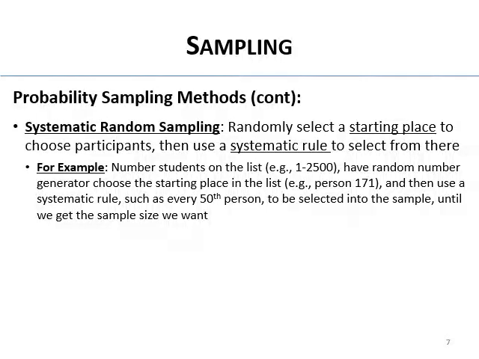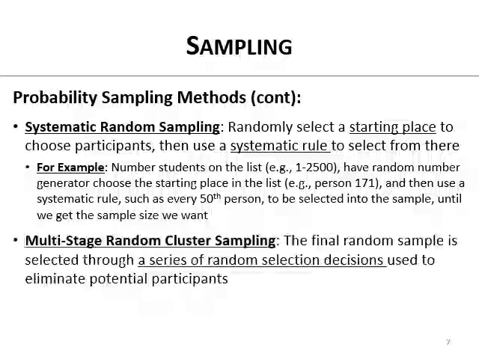You have a random number generator choose a starting place, let's say it picks person 171. You start there, that person's in your sample, and then you use a rule: every 50th person after this random start person is going to be in my sample until you get the sample size you want. Starting at a random place and then using a systematic rule is called systematic random sampling.